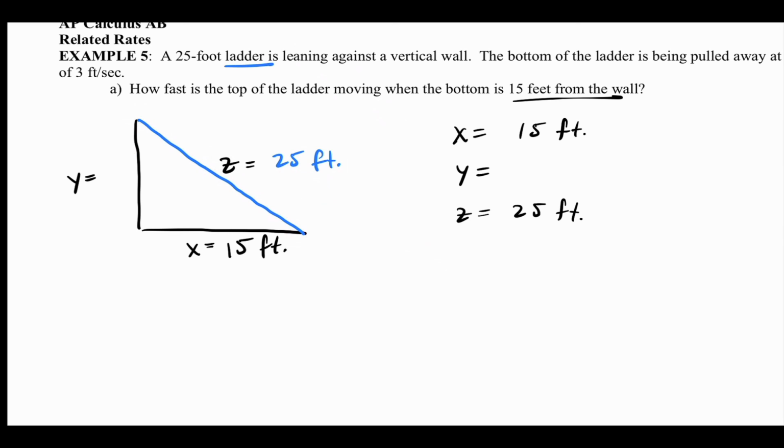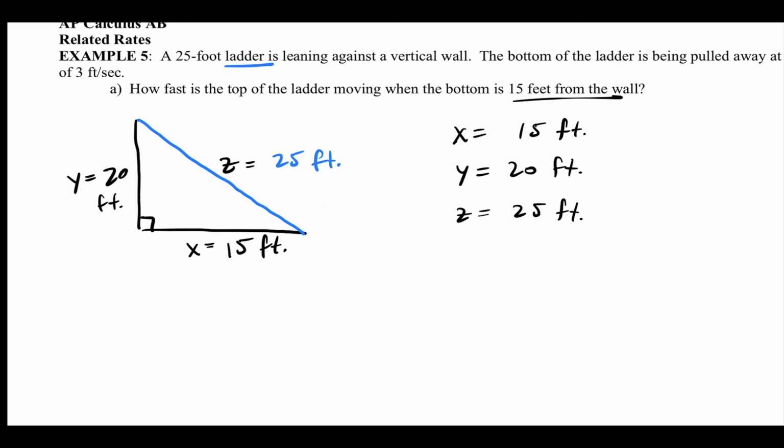They don't tell me Y, but can I figure out what Y is? Yeah, it's a right triangle, right? And if you divide them all by 5, it's a 3, 4, 5 right triangle. So this is actually going to be 20 feet.